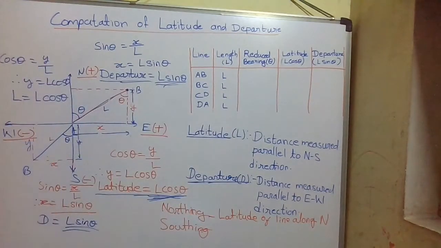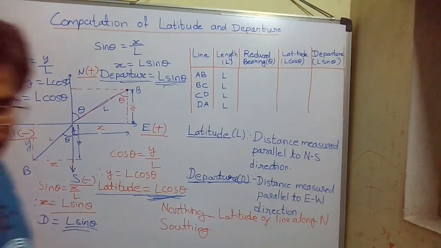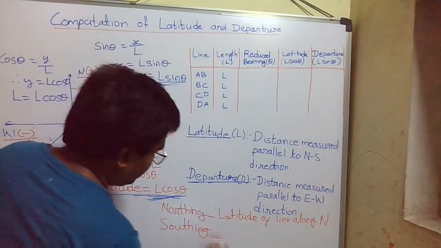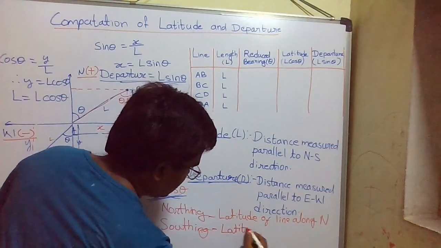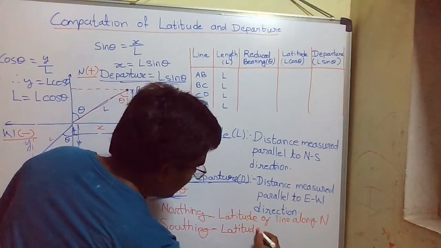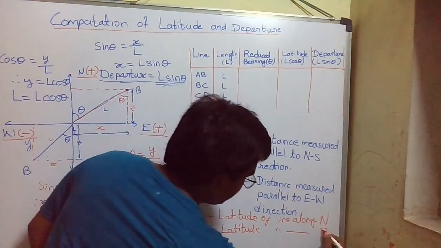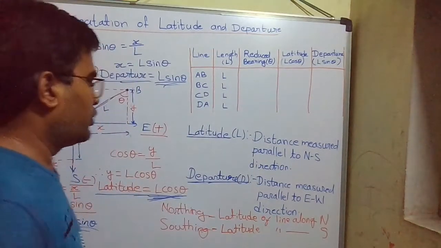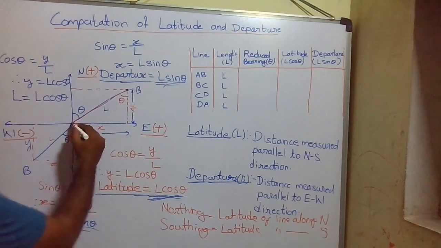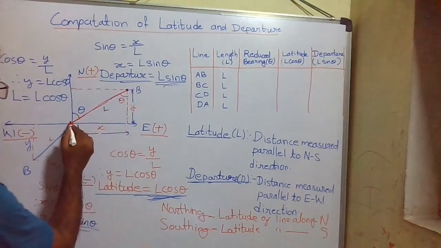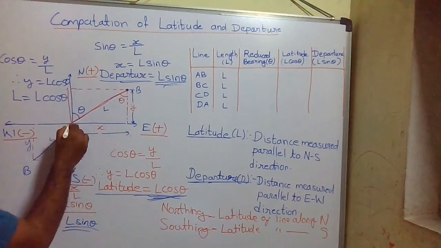Okay, and southing is the latitude of a line along south. If your line is in this quadrant, its latitude will be along this direction.